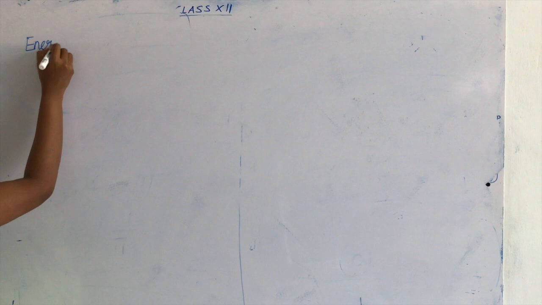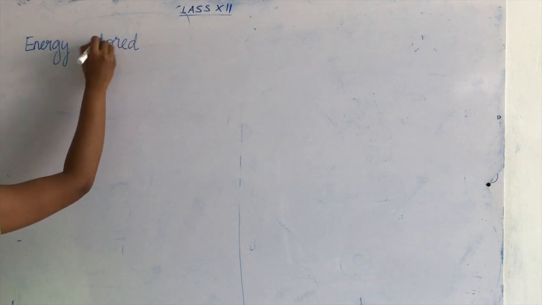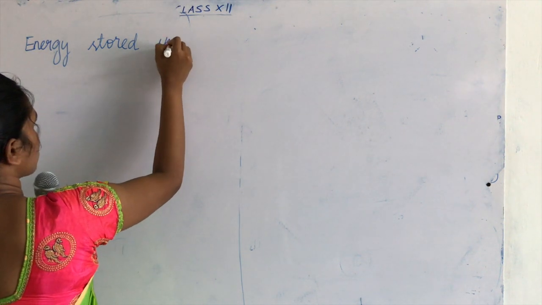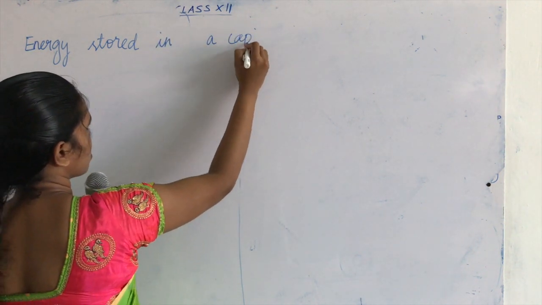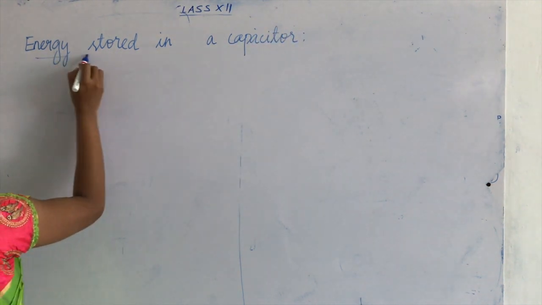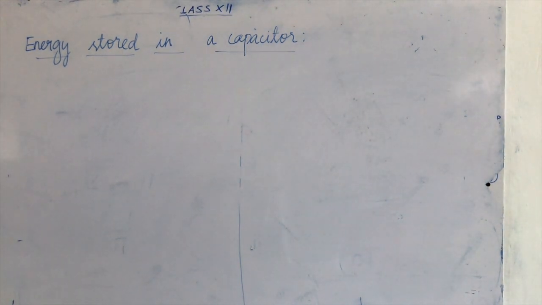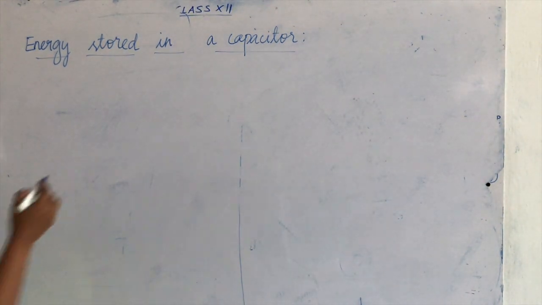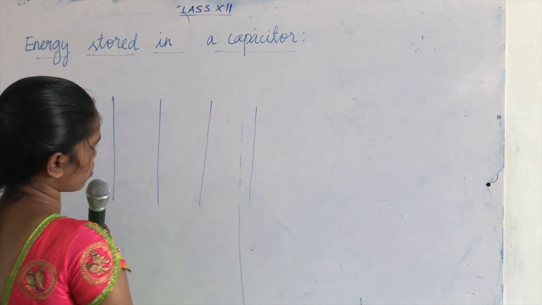Capacitor is an energy storing device. What is a capacitor means? You have to tell: capacitor is an energy storing device. Energy stored in a capacitor is an important question. Listen, it is a derivation. Energy stored in a capacitor. Take two capacitors.